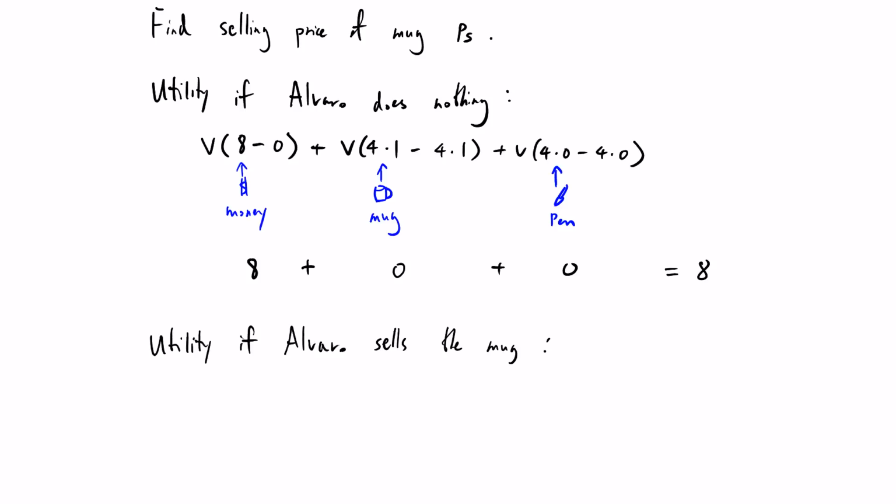So if he sells the mug, he's going to get some additional money, 8 plus PS, which he doesn't expect anyway. He's going to lose the mug that he does expect, and once again, the pen doesn't really serve any purpose here.